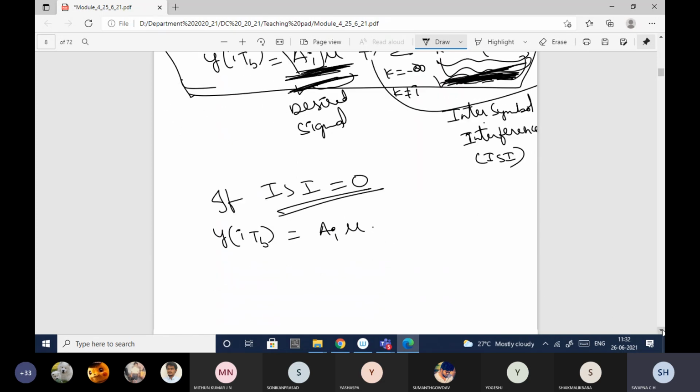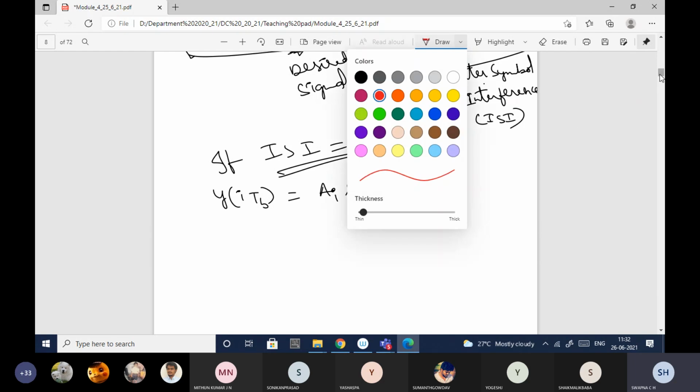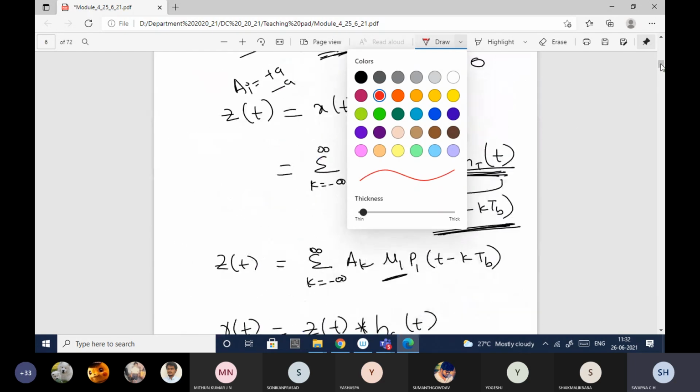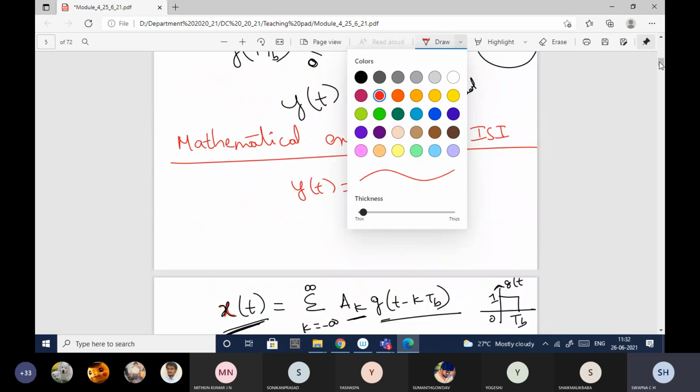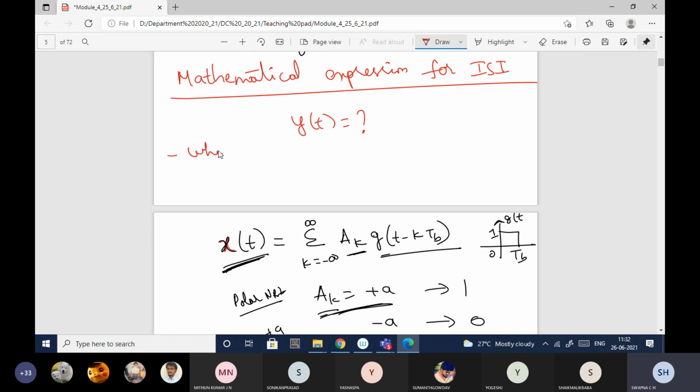I'll write the question here. If you want, you can note it down at the starting point only. I'll share these notes with you today. The question will be like, what is ISI?